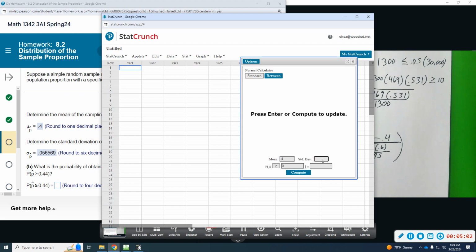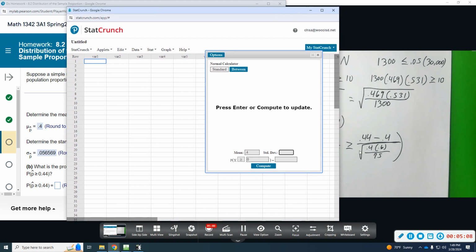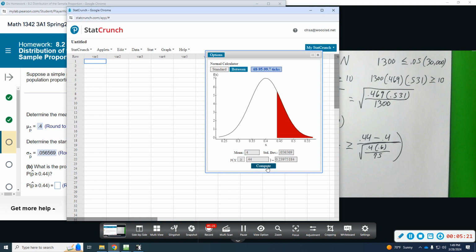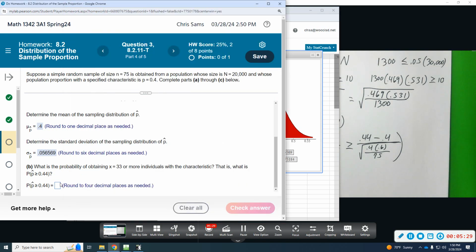The standard deviation, I could type in this whole expression, but I'm going to use the rounded number, 0.056569, rounded to 6 decimal places, and we want greater than 0.44. This gives us a probability of 0.2398 when rounded.